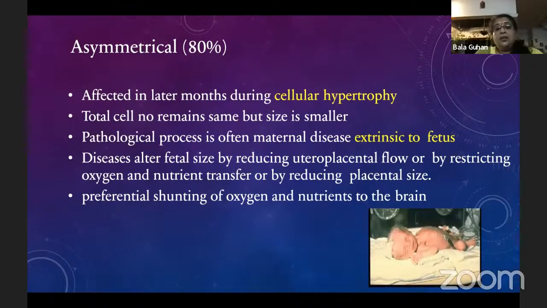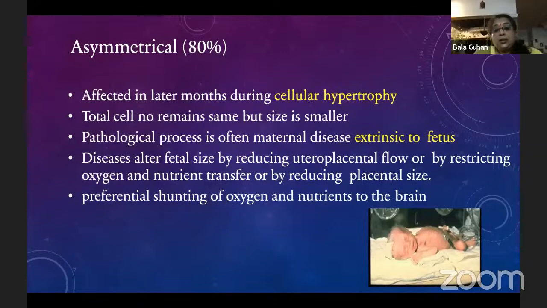The asymmetrical IUGR, which accounts for about 80%, usually occurs in the later months of pregnancy, during cellular hypertrophy. The total number of cells remains the same, but they are smaller in size. The pathological process is often maternal disease extrinsic to the fetus, for example, pregnancy-induced hypertension is one important one among them.